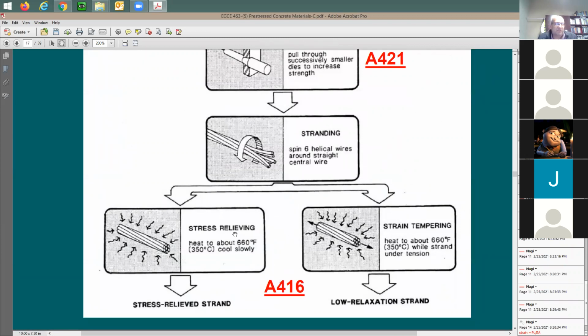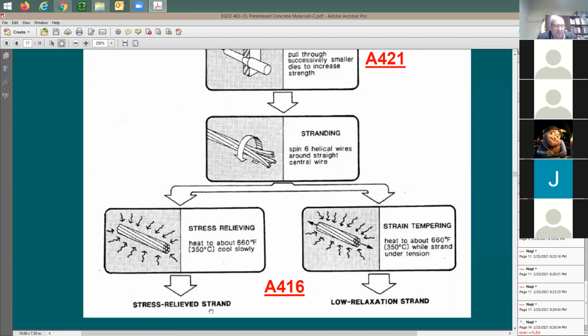You can just do stress relief, and the stress relief here, you heat it to 660, and then you let it cool slowly. Or you heat it to 660, and then you put tension on it, and then you let it cool down. This one here is called stress relieved.